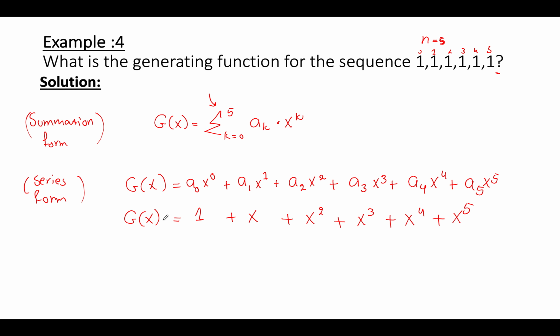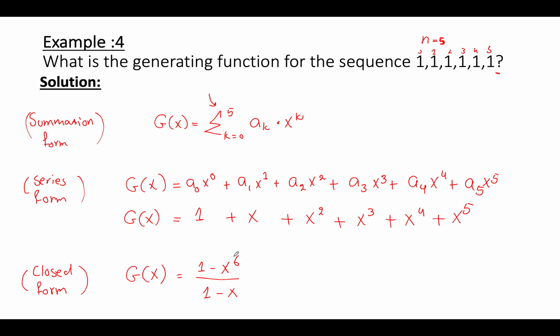If we go back to the rules, we can produce the closed form of this function, which is the fifth rule, by the way. It is equal to (1 minus x^6) over (1 minus x). And why 6? Because n here is equal to 5, so here we got 1 minus x to the power n plus 1, which is 6. All right?